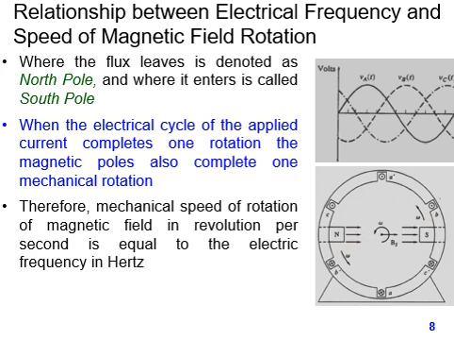That's why the mechanical speed of rotation of the magnetic field in revolutions per second is equal to the electric frequency in hertz. Since they are equal, electric and mechanical speed are equal in the case of two poles.